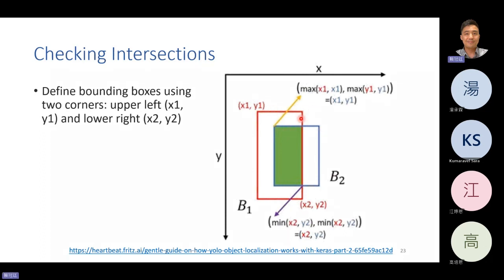So to be overlapped, the upper right corner of the red box, its X should be larger than the upper left corner of the blue box. So you can quickly compare the locations and find if they intersect.